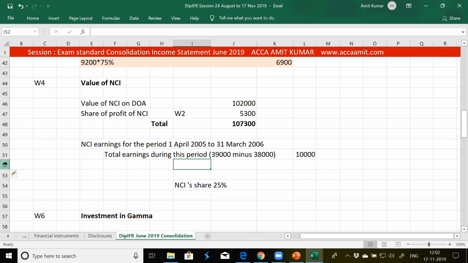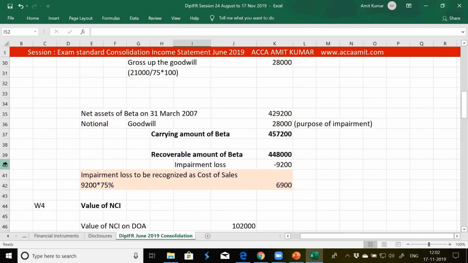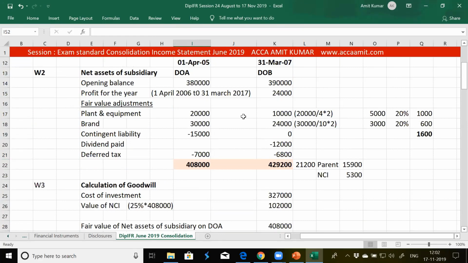There is a depreciation charge during the year of 5,000 in year 1, 5,000 in year 2, total depreciation of 10,000 over a period of 2 years. 3,000 in year 1 for brand amortization, 3,000 in year 2, total amortization for a 2-year period is 6,000. So it concluded from 30 to 24,000. Now this 5,000 and 8,000 required a deferred tax adjustment of 1,600 in the total earnings.